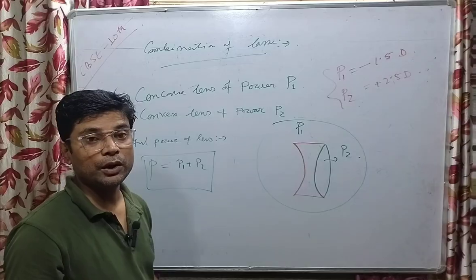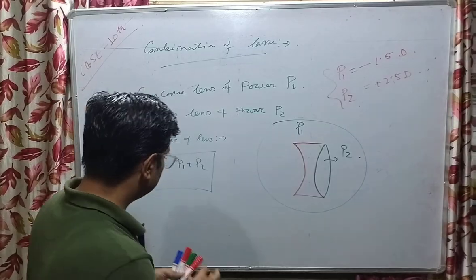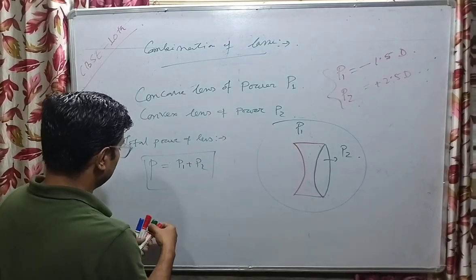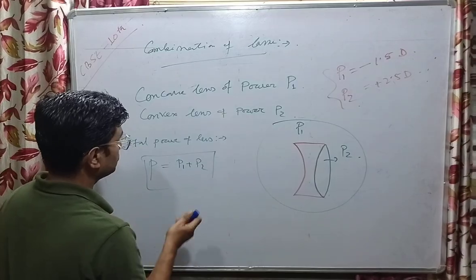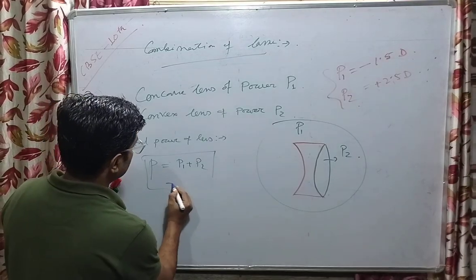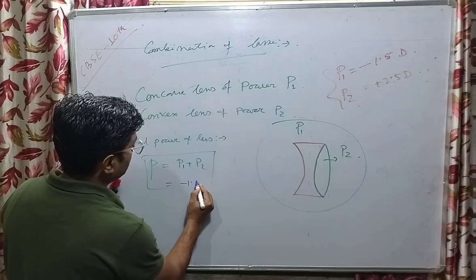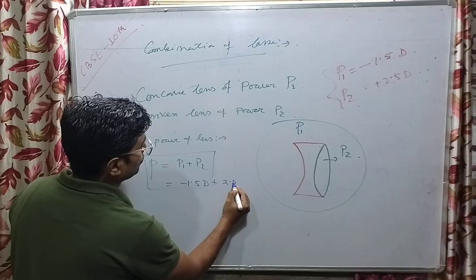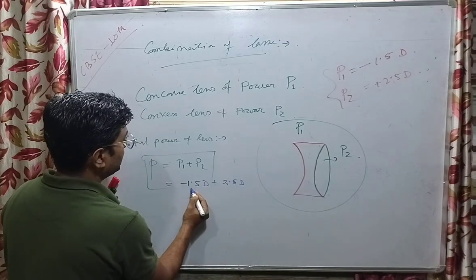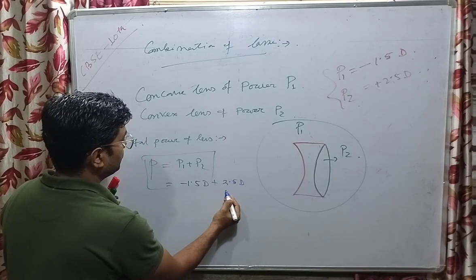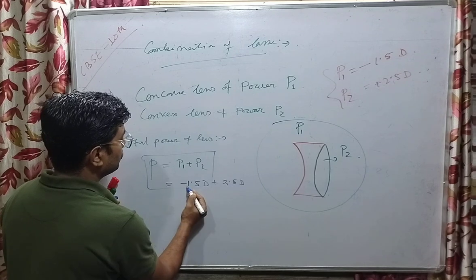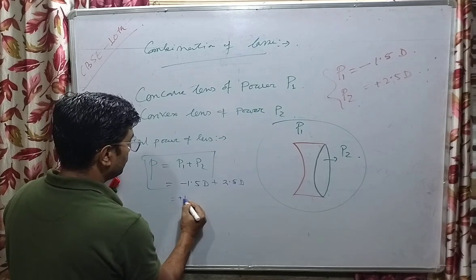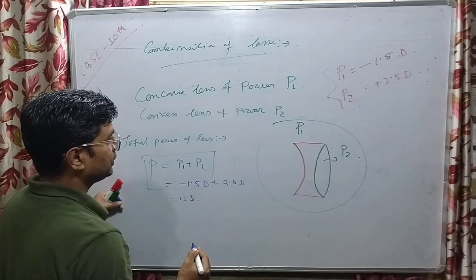Then what will be the power of that particular lens? Simply I will substitute the values. P1 is minus 1.5 diopter plus P2 is 2.5 diopter. Minus 1.5 diopter plus 2.5 diopter. Plus 2.5 minus 1.5 is equal to plus 1 diopter.